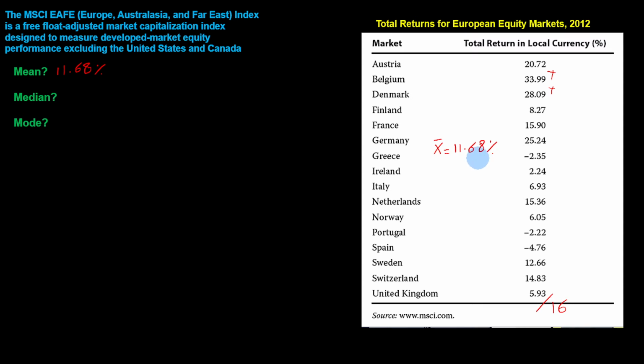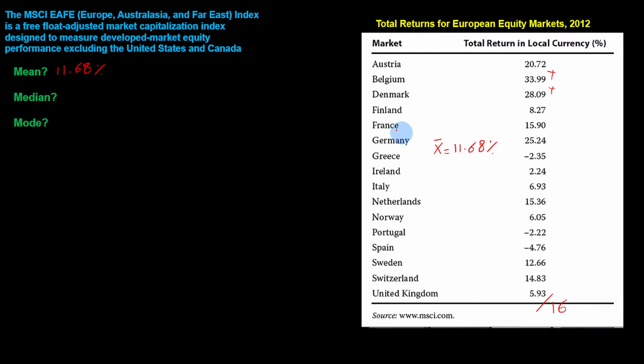And the other good thing about the mean, and you should always use it in your report, is that you can use the mean to compare the performance of two different markets. Here we are analyzing the European market, and we found the sample mean. Maybe you can compare that to the Asian market. So that will be a good measure for comparing performance of investments in different markets.